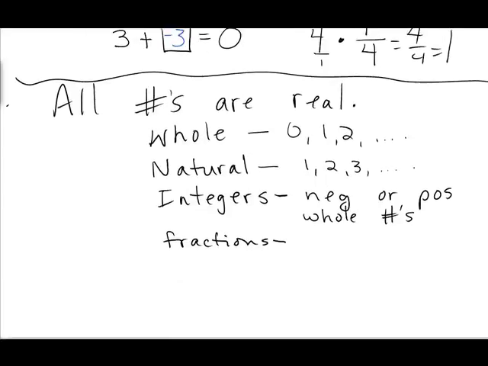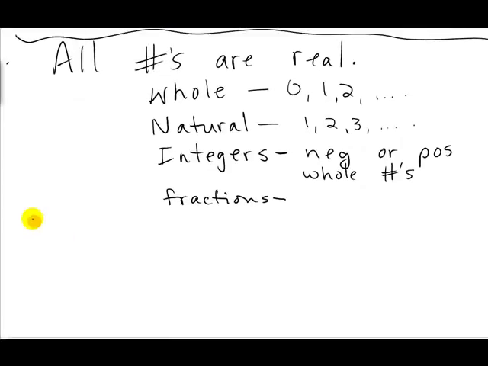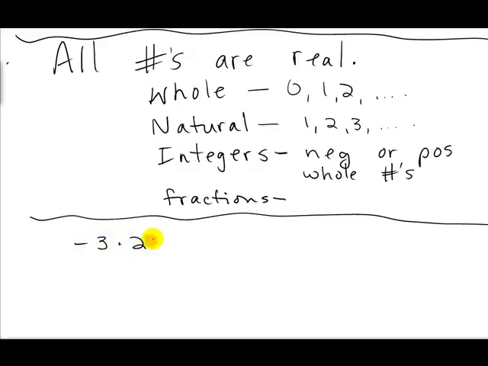We want to look at our integers and remember some rules about integers, the negative and positive parts. If I multiply a negative times a positive, I will get a negative number.